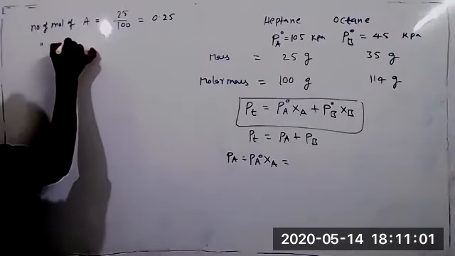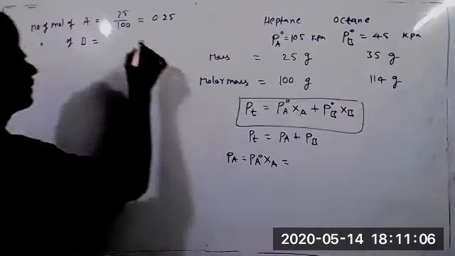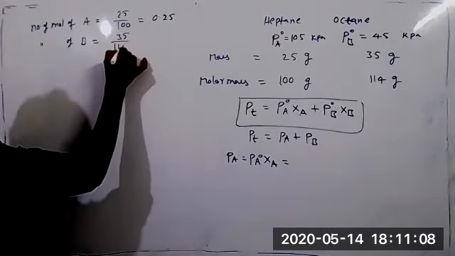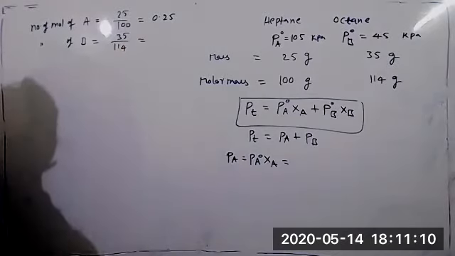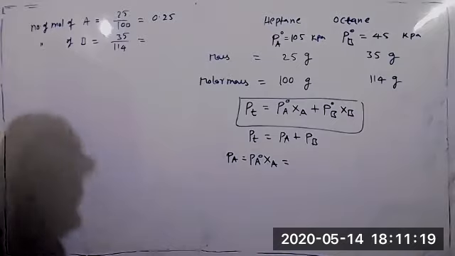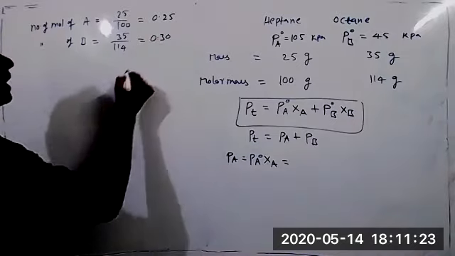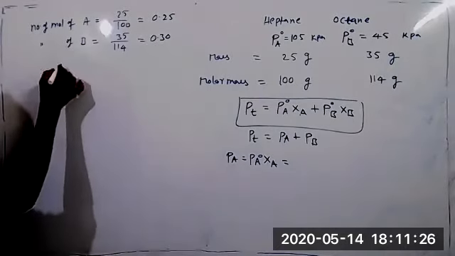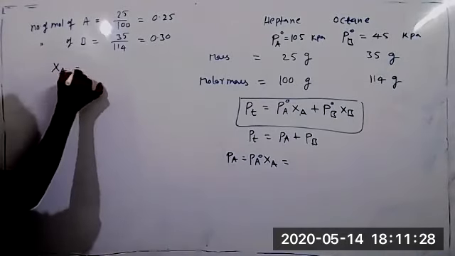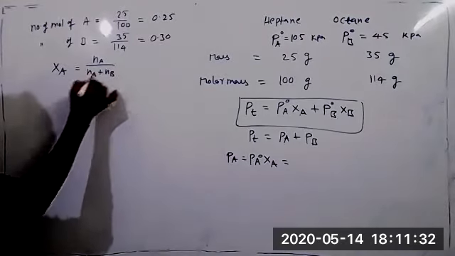Next, number of moles of B, means octane: mass is 35 divided by 114. How much is this value? 0.30. Now, mole fraction of A is equal to number of moles of A by number of moles of A plus number of moles of B.